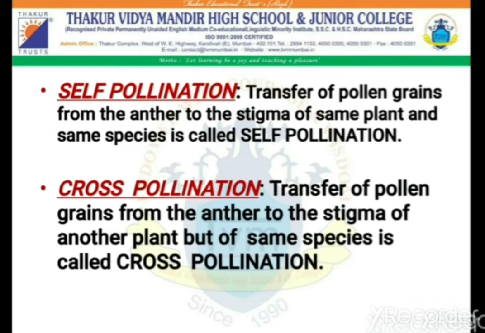So, in the first part we have seen the male gametes and female gametes. In this part, we have seen that the pollen grains, that is, the male gametes, are transferred to the stigma. This process of transfer of pollen grains to the stigma is called pollination.